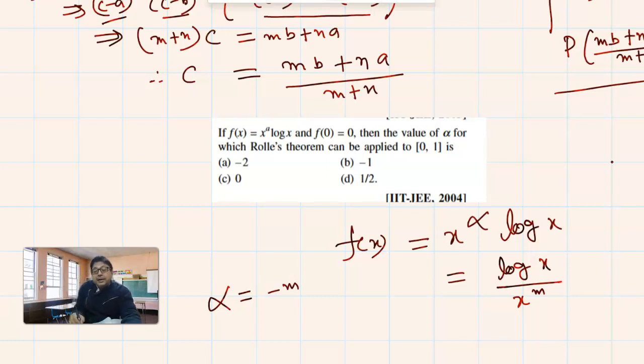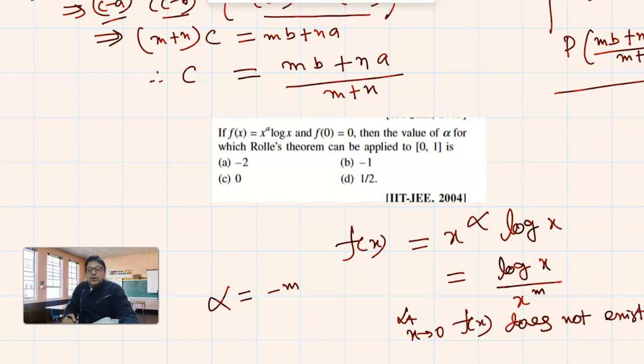So at the point x equal to 0, the function will not be differentiable if alpha is minus m. So the limit of f(x) as x tends to 0 does not exist here. So we can exclude these 2 points in the beginning. -2 and -1 cannot be there.